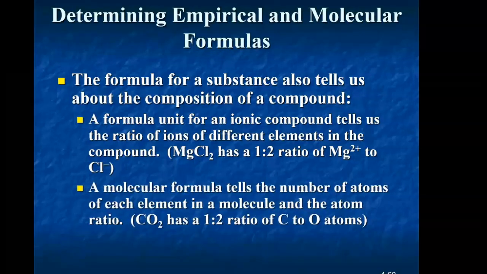We call something like MgCl2 a formula unit. Often you're going to call this a molecule, and it's fine, but technically, because it's ions, it's called a formula unit. Because this is a metal and a non-metal, this is an ionic compound. So ionic compounds are called formula units, while covalent or molecular compounds made from two non-metals are called molecules.